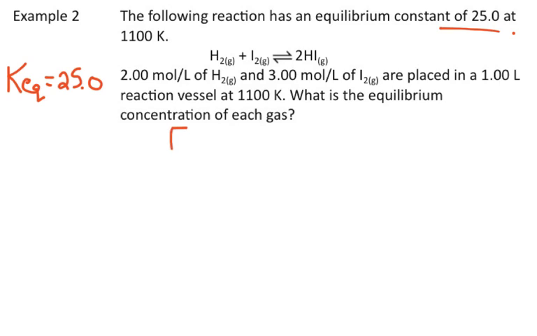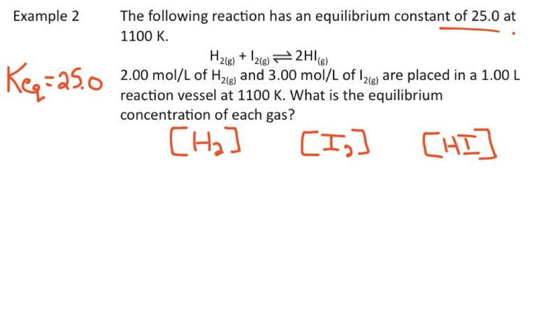We only have three substances this time, H2, I2, and HI. We don't need to deal with the fact that we have two HIs just yet. We will in a couple of minutes.